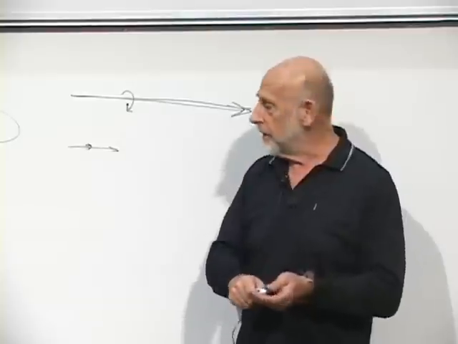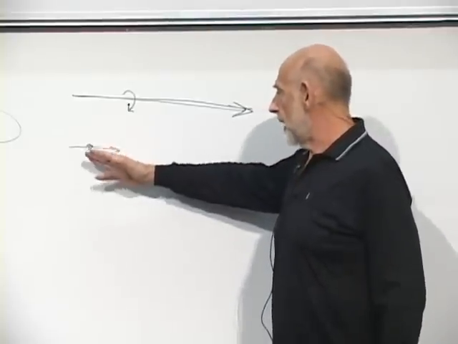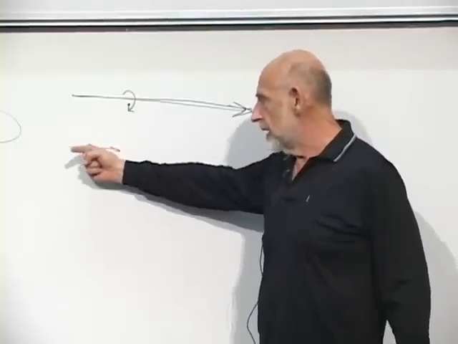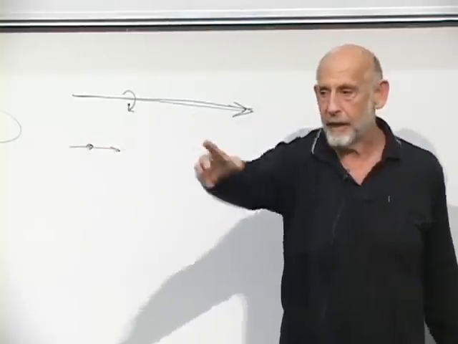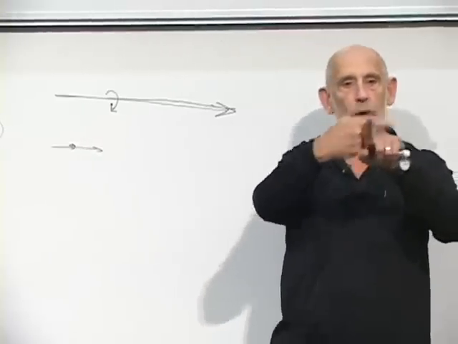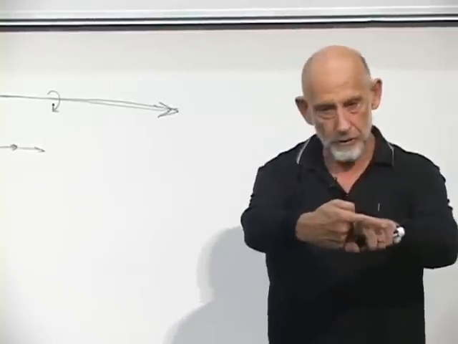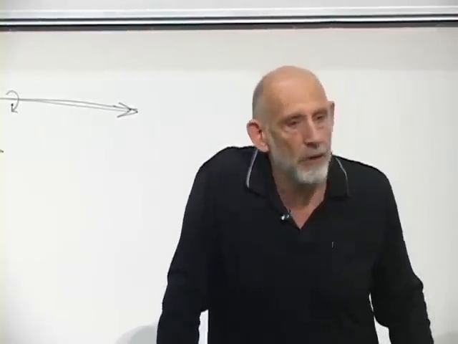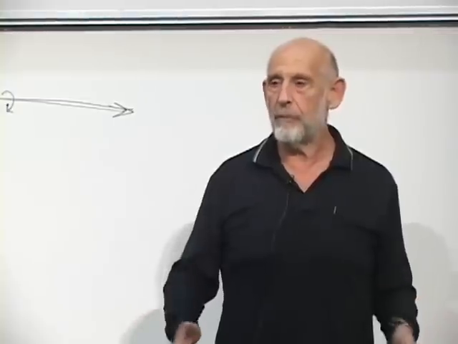Another way to think about it is you could imagine, after having brought it to rest, boosting it along the perpendicular axis. Either way, you wind up with a particle whose spin is perpendicular to the axis of motion. And that must be the case, because you can bring a particle to rest and then accelerate it in a perpendicular direction without changing its spin.